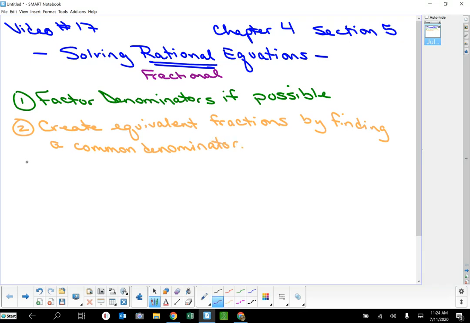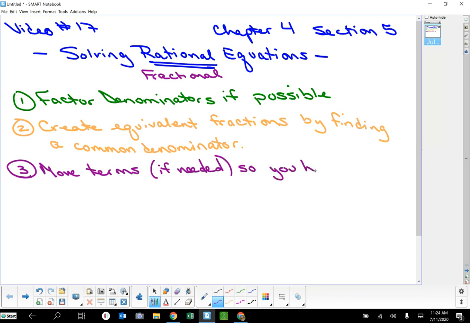Okay. Step 3 is going to be to move terms if needed. So you have an equation equal to 0.